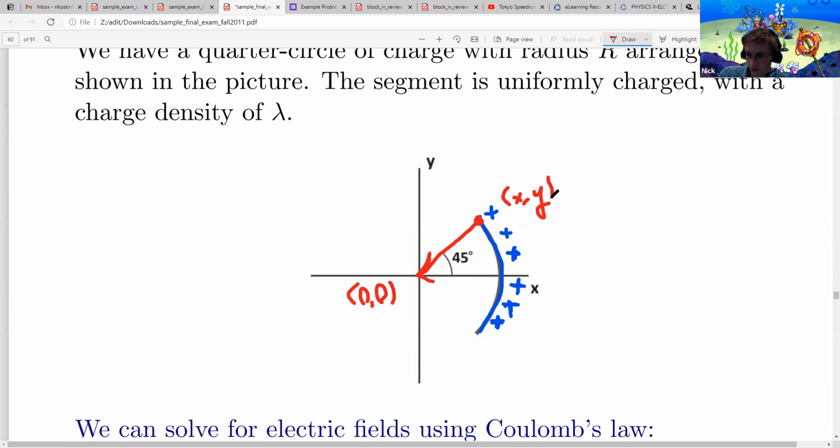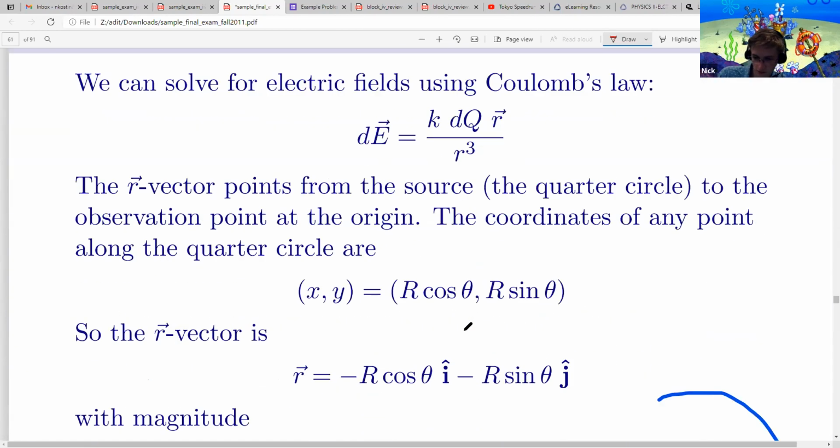But since it's just along a circle with radius r, I can say that the x coordinate is r cosine theta, and the y coordinate is r sine theta. That's pretty much true for any circle whose angle we measure from the positive x-axis. So xy is r cosine theta, r sine theta.